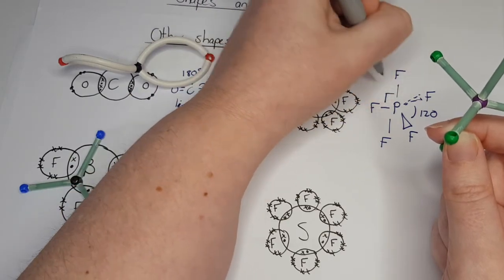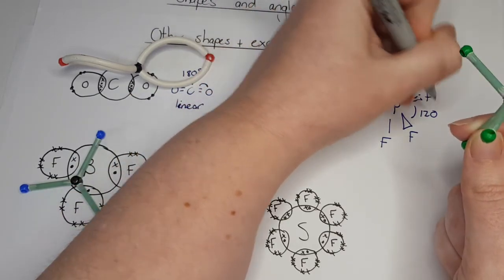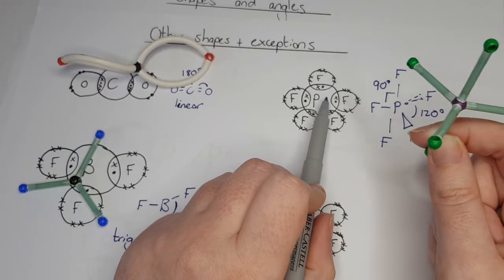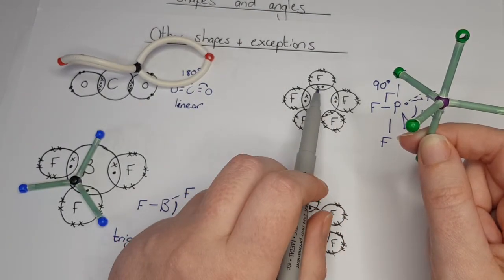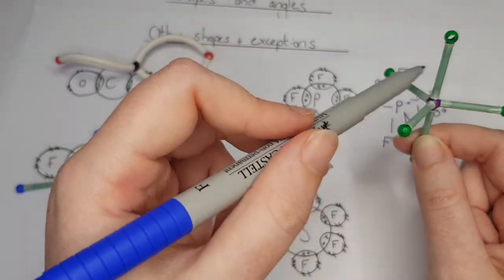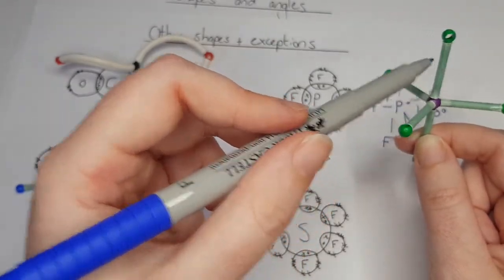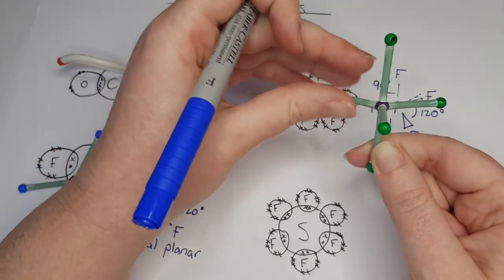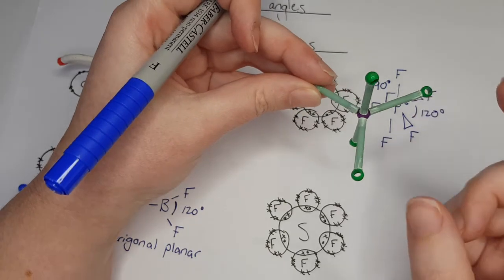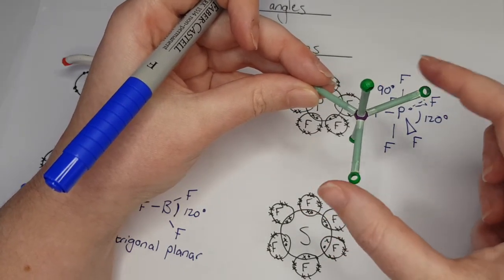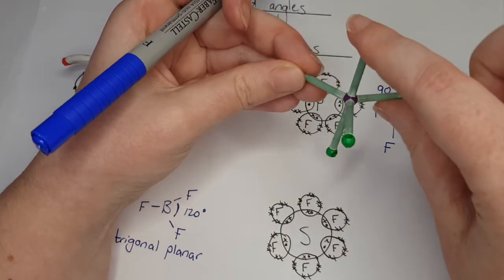So there, I can say that that's 90 degrees. So this molecule, whenever you have 5 bonded atoms, it's going to have a 90-degree angle and a 120-degree angle, okay? Because if we look at its 3D arrangement, that's how it's going to look. So we have 120 degrees, 90 degrees.